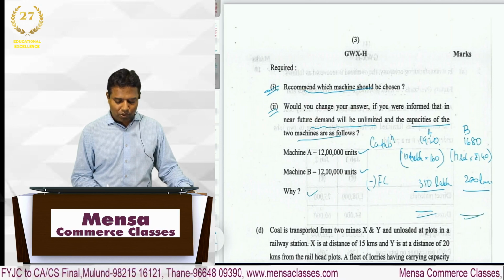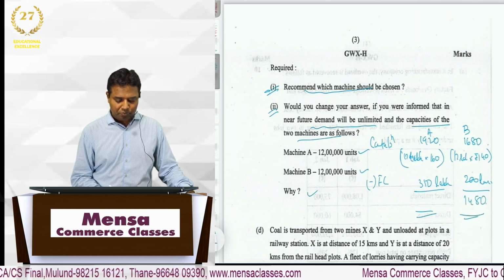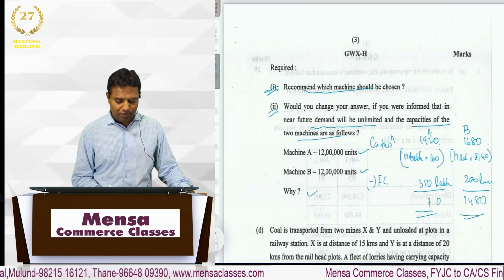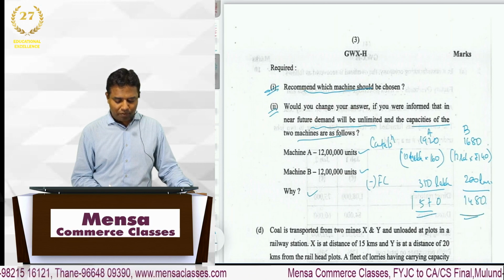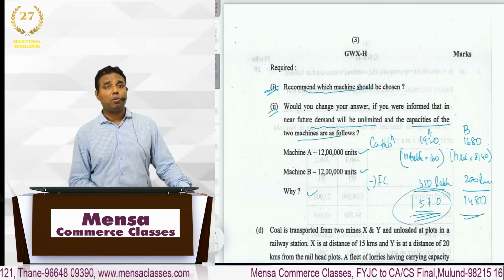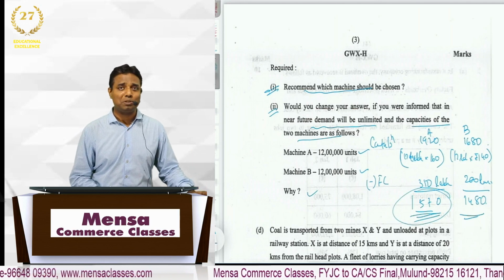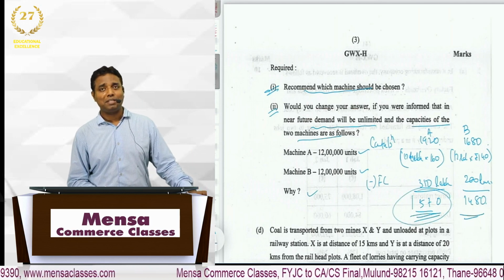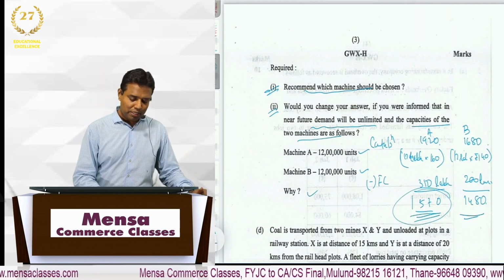So subtract the fixed costs, and you will have 1570 for A and 1480 for B. Obviously the profit is higher for machine A, so machine A will be used because you are getting higher profits. Done. Next, let's move on to the next question.